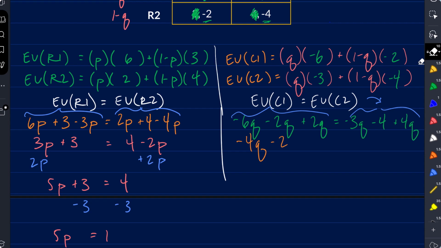Oops, we don't start with that. What did I do wrong here? That's just 2. Okay. And this is going to be Q minus 4. So we will add 4Q to both sides.